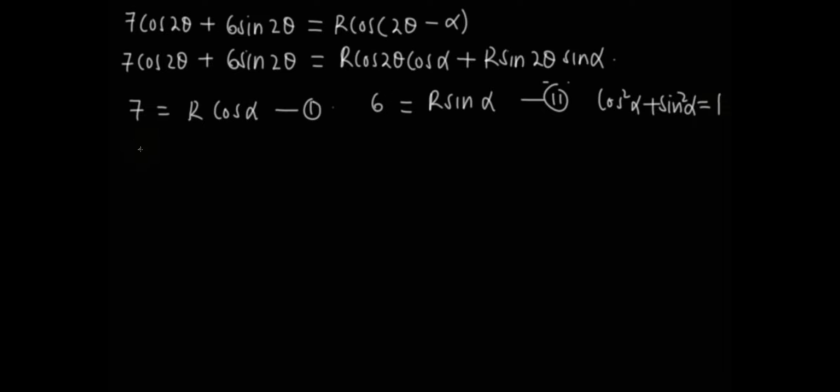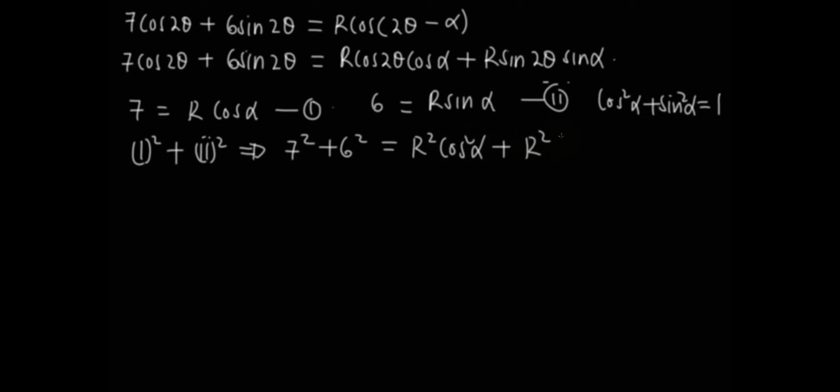We square equation 1 and then square equation number 2. Afterwards, add them together. And this gives us 7 squared plus 6 squared equal to r squared cos squared α plus r squared sin squared α.